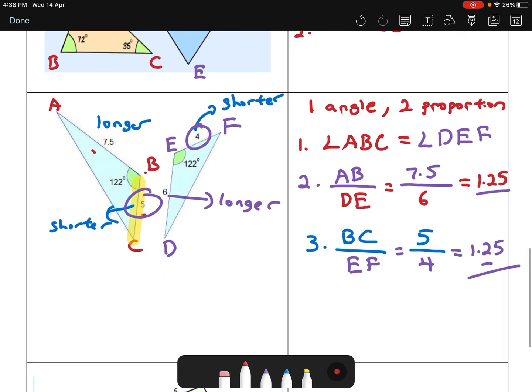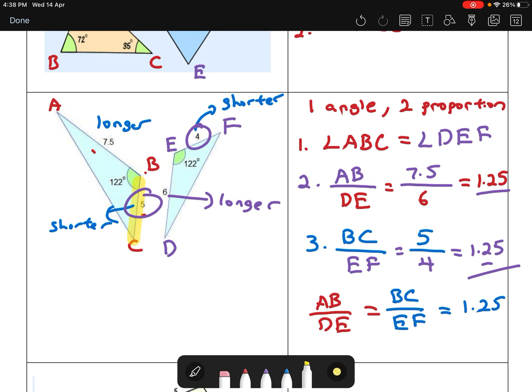Since I have the angle the same, my two proportions are also the same. So AB divided by DE is equal to BC divided by EF, which is equal to 1.25. So I have proven my two triangles to be similar.